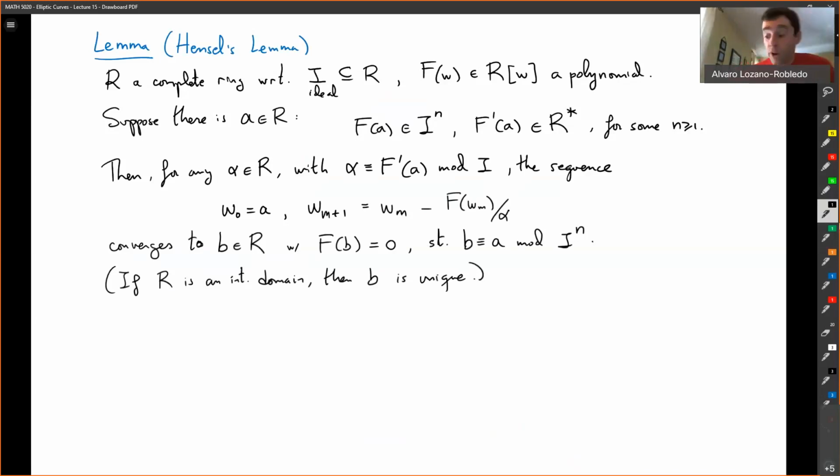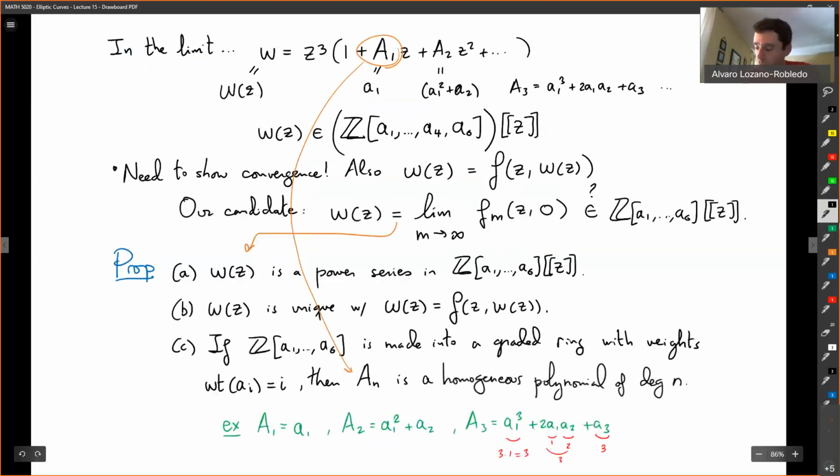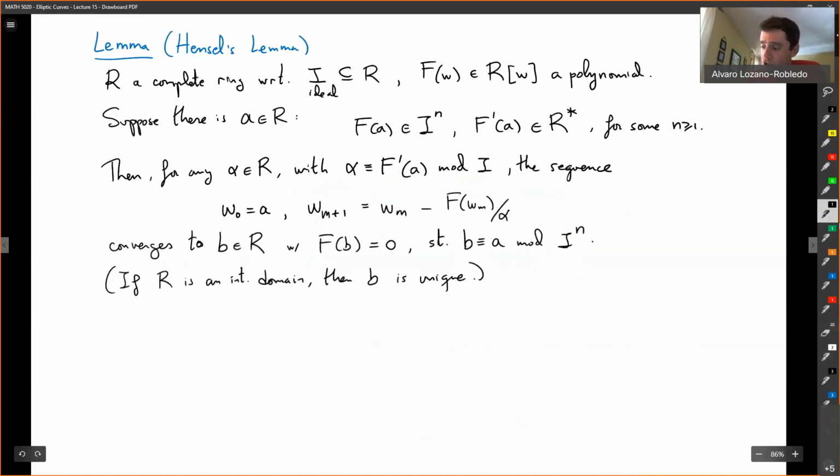Okay. So now for the proposition, remember we are trying to find a solution. So here's again, let me show again what we're trying to prove. We're trying to prove these two parts of the proposition, parts A and B, that this is a power series and it satisfies uniquely this property. So for the proof of that proposition, I'm just going to say that what you need is Hensel's lemma.